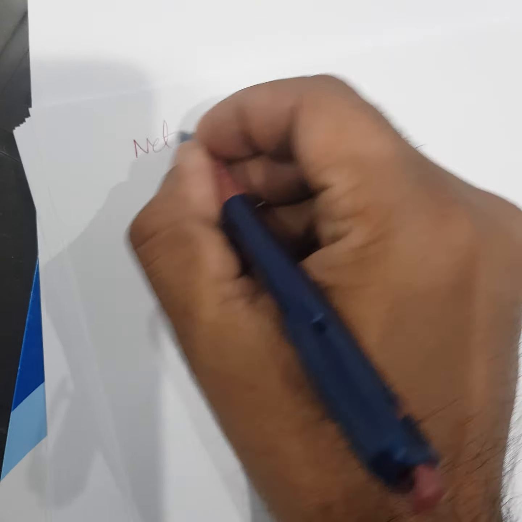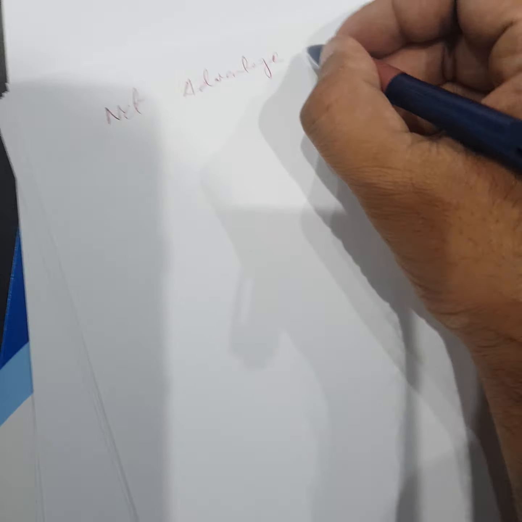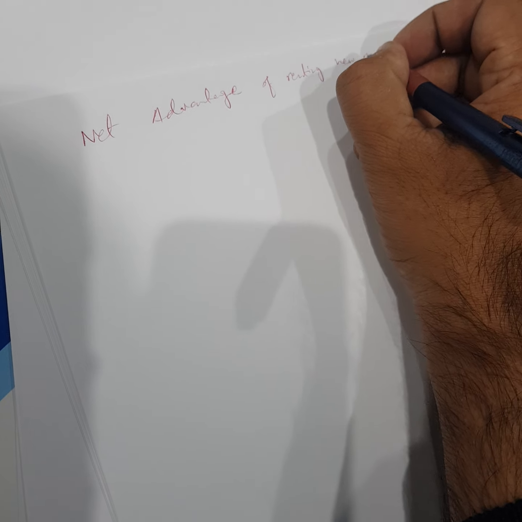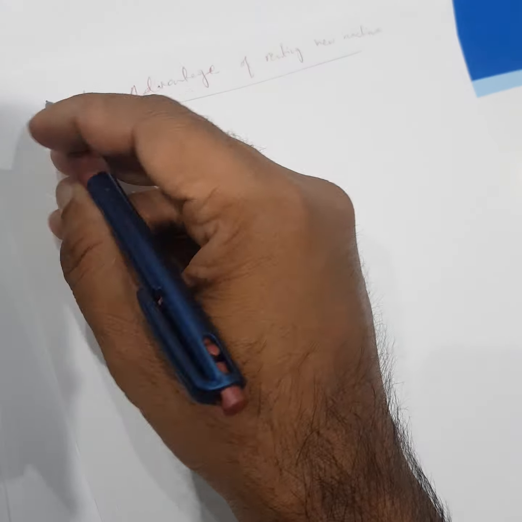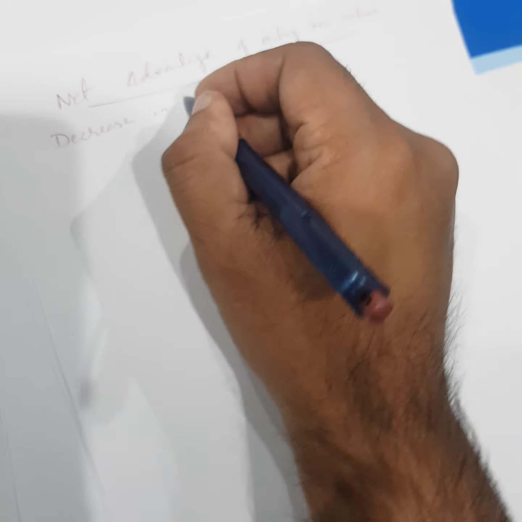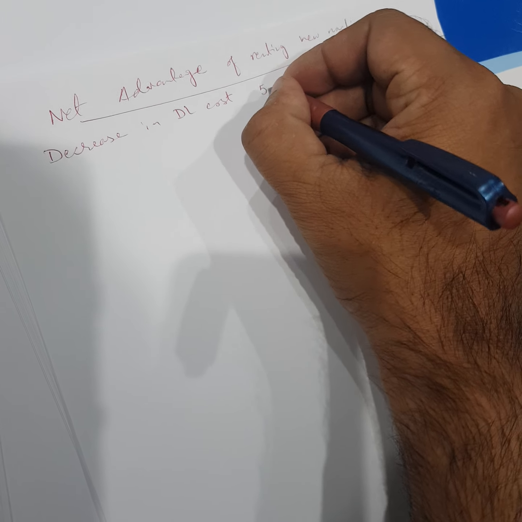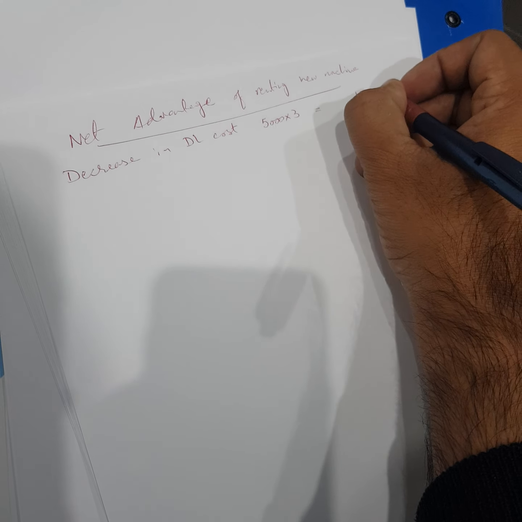Now if we say the net advantage, what is our net advantage of renting the new machine? The decrease in direct labor cost was 3 rupees per unit. We got 15,000 rupees benefit.